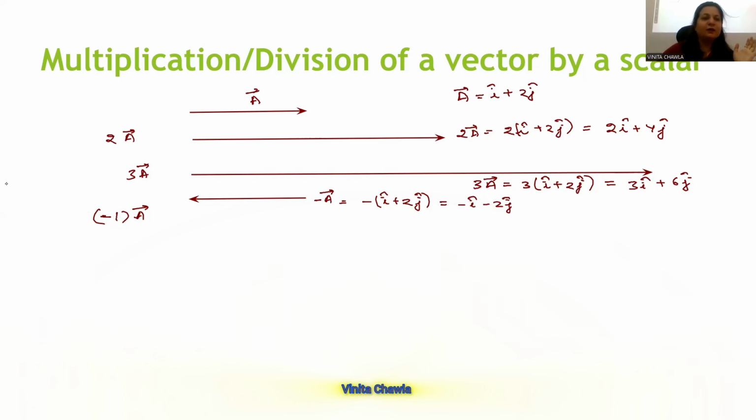What if I multiply this vector by minus 2a? Magnitude will double and direction will change.